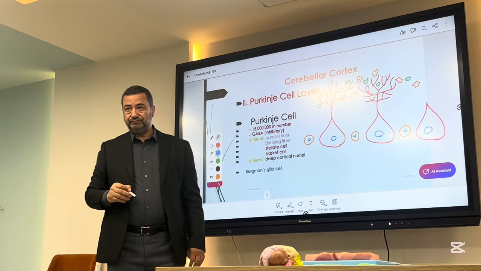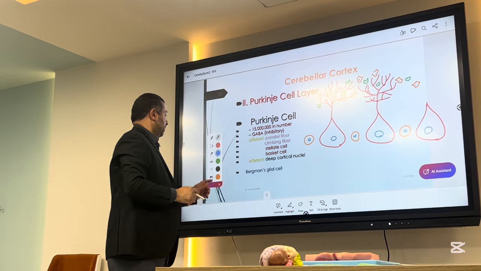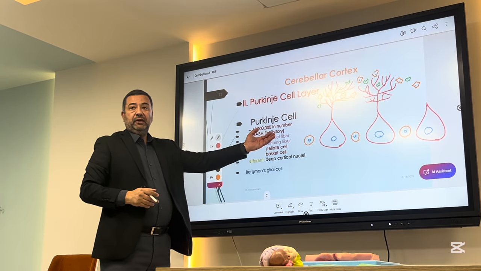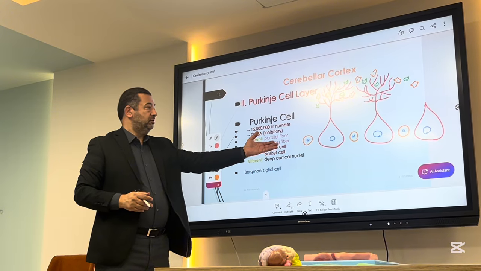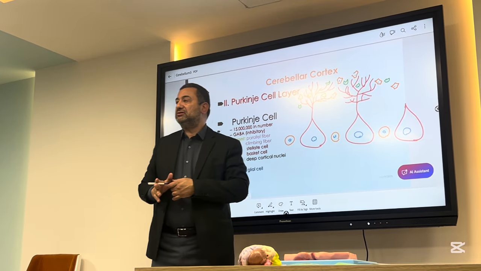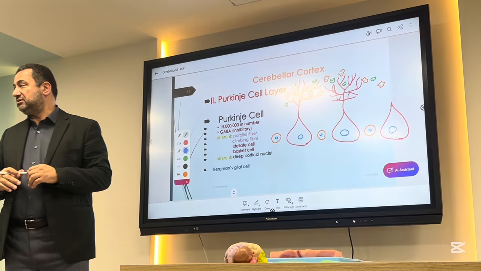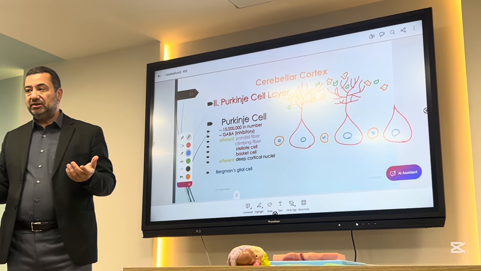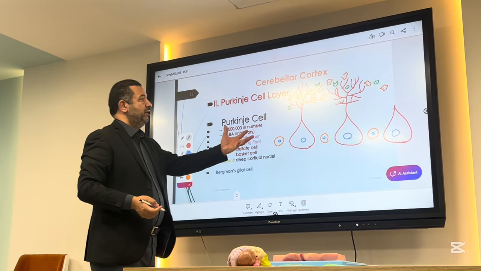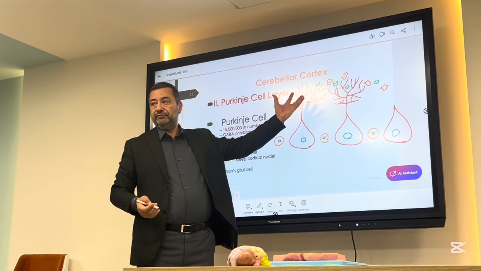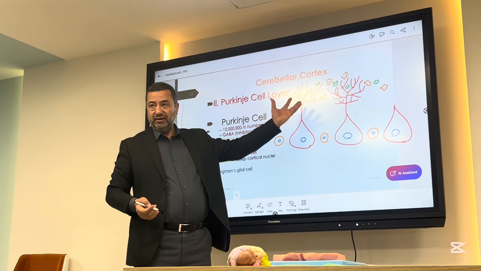Yeah? In the Purkinje cell layer, there are very large cells with 150 micrometer diameter that are called Purkinje cells. Dendrites of Purkinje cells enter into the molecular layer. Okay?